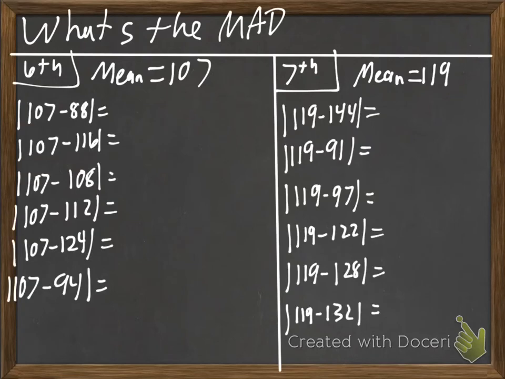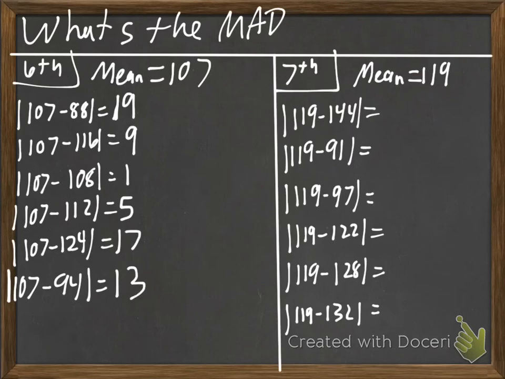Okay, now that I got these copied down, let's go ahead and figure out what these are. So we get 19, 9, 1, 5, 17, and then can't do that one in my head for some reason, 13. So let's find the mean absolute deviation.